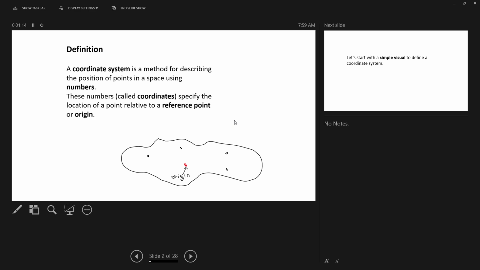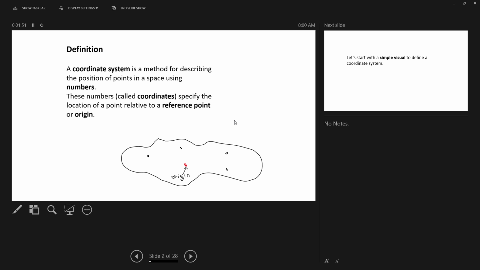So it is not a simple definition, because it is a very long definition, but you can start to understand it by visualization. So you can see below a space and a few points, black points, marked inside it, and a special point, the red point, is called the origin.